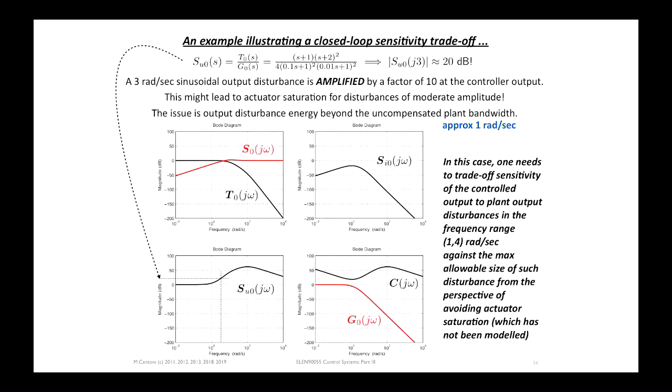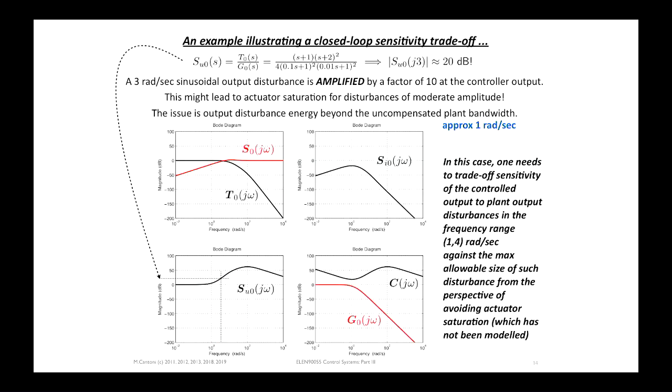And we're not modelling that sort of behaviour in the feedback loop that we've used. So you've got to pay attention to these sorts of things. It's not just enough to look at these transfer functions, you need to look at all of them, because what's happening here might matter.